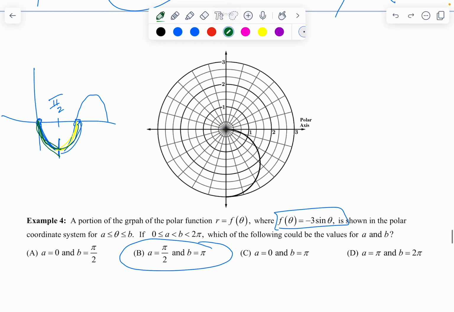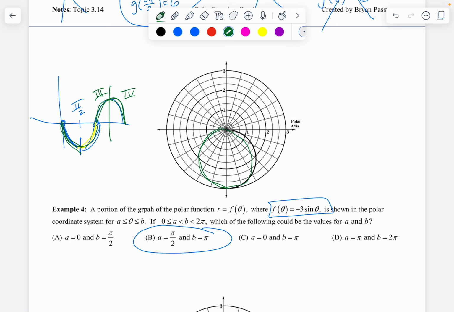No good. Pi to 2 pi would be this part of the curve, which starts at 0, and this is quadrant 3 in the polar world, this is quadrant 4. Positive values in quadrant 3 look something like this, and positive values in quadrant 4 look something like that, so that's no good either. So B is our correct answer.